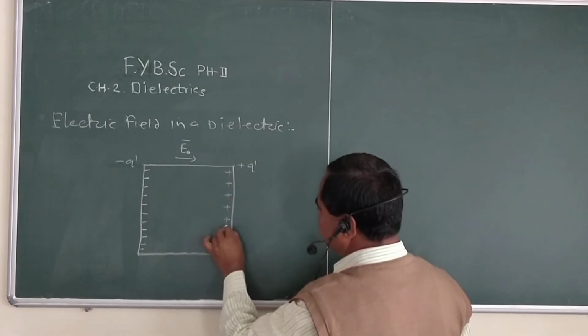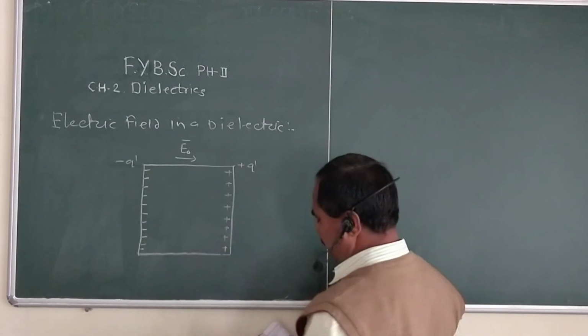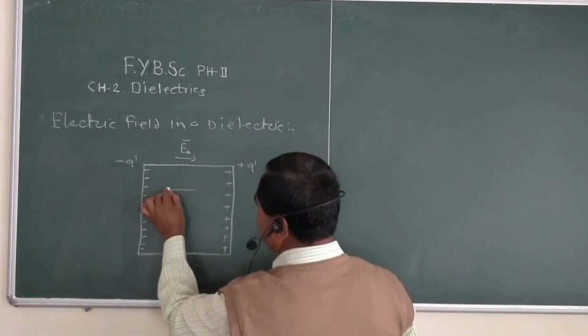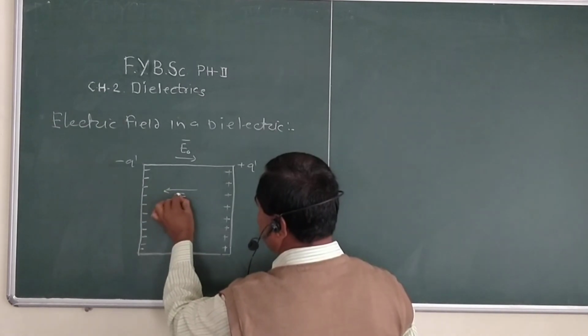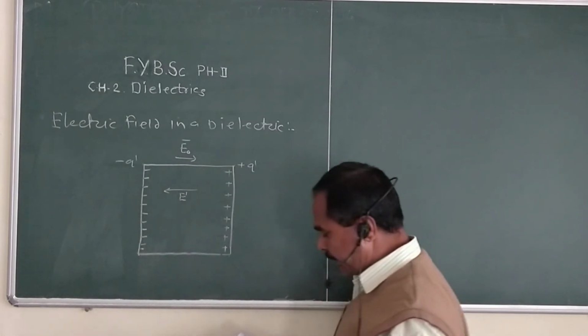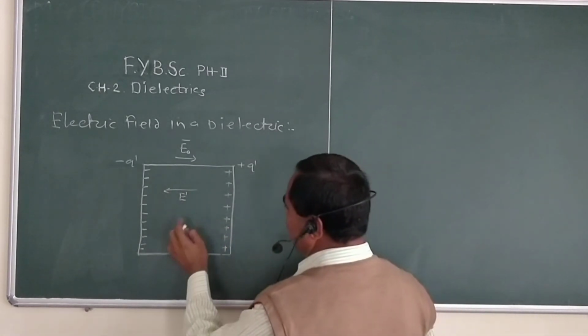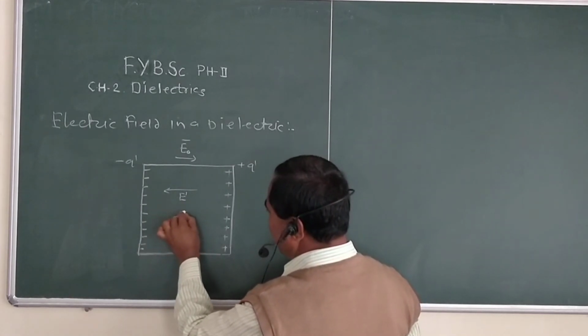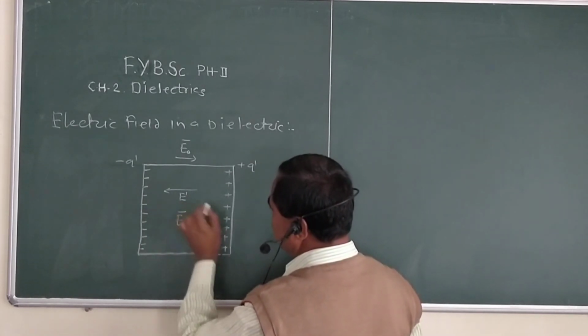Okay, then from this we denote here E dash bar, and we write here E bar, and it is generated like this.